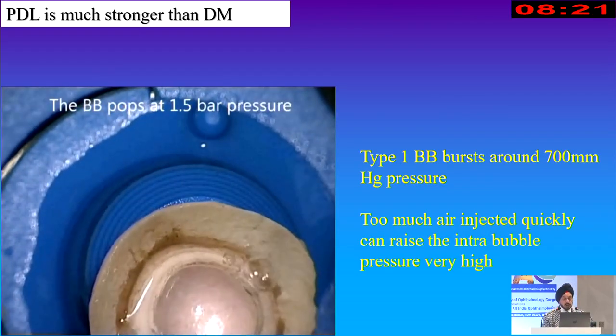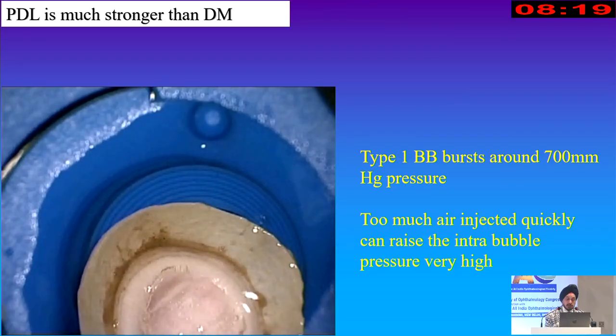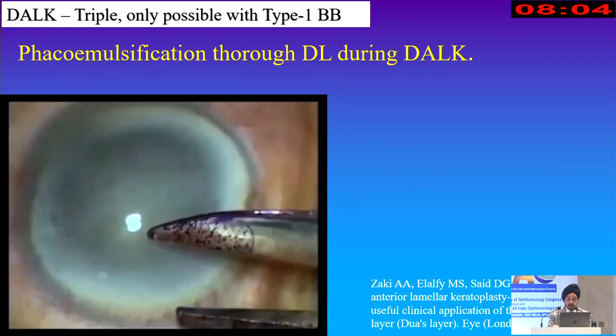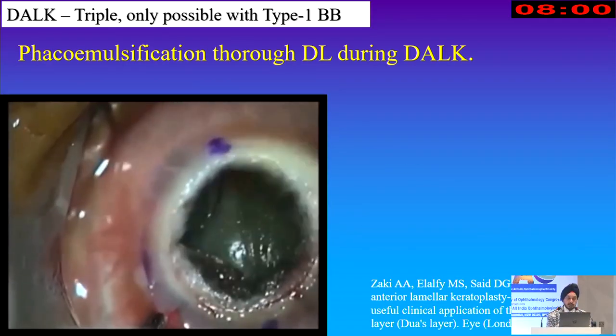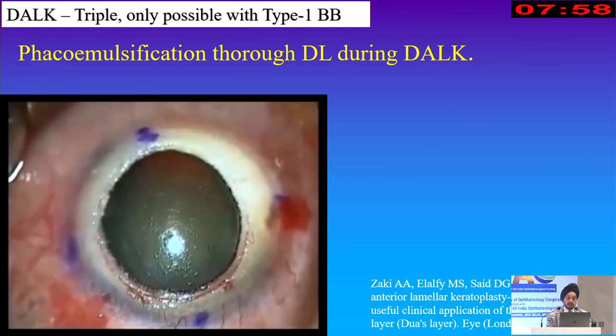Now, this layer is quite tough. You have to push the pressure up to 700 millimeters of mercury to burst it. Now, that's very reassuring, because during DALK you can do a lot of maneuvers and preserve that layer and not damage it. And even if you get a minor perforation, you can carry on with the DALK and complete it successfully. And because of that toughness, you can also do the whole cataract operation with implant under the pre-Descemet's layer.